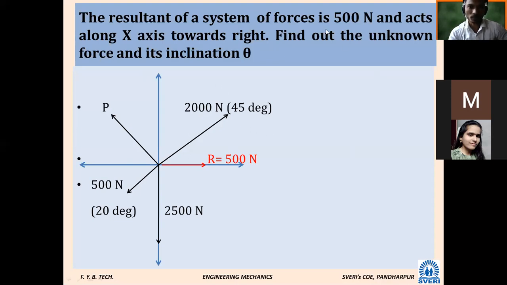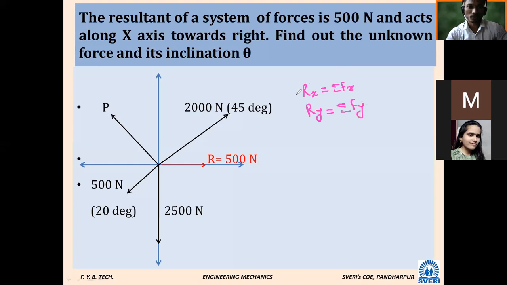Like this example I have given. Here we have seen Rx is equal to summation of Fx. This is one formula, and another is Ry is equal to summation Fy.